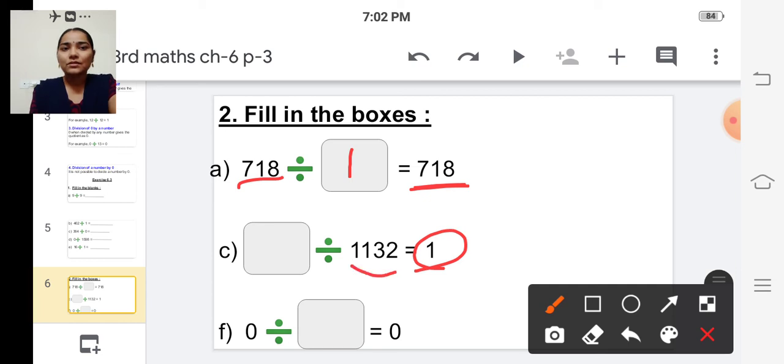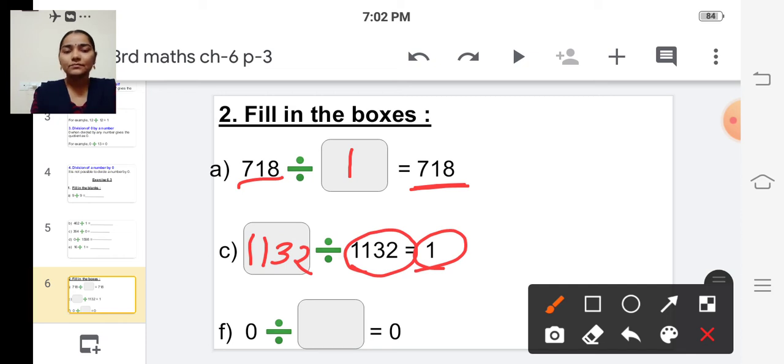What is the number here? 1132, isn't it? So here also we have to write 1132. Okay. So 1132 divided by 1132 is equal to 1.